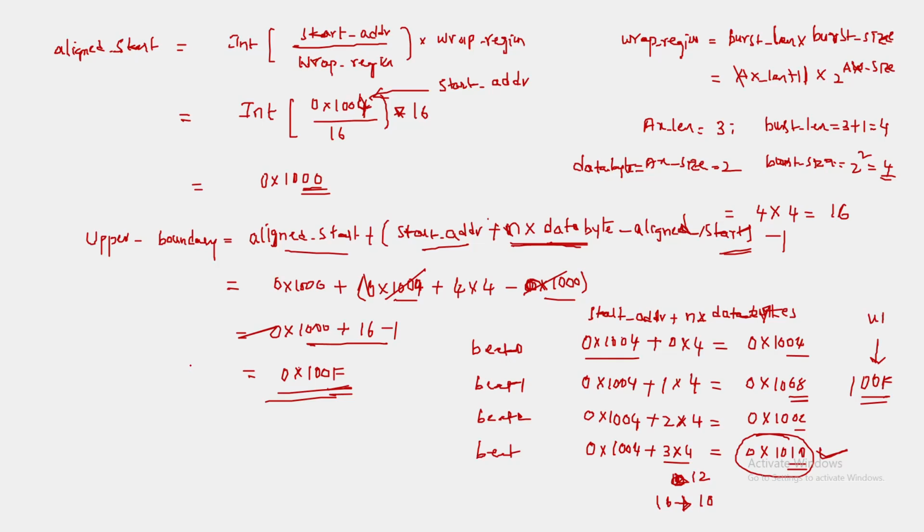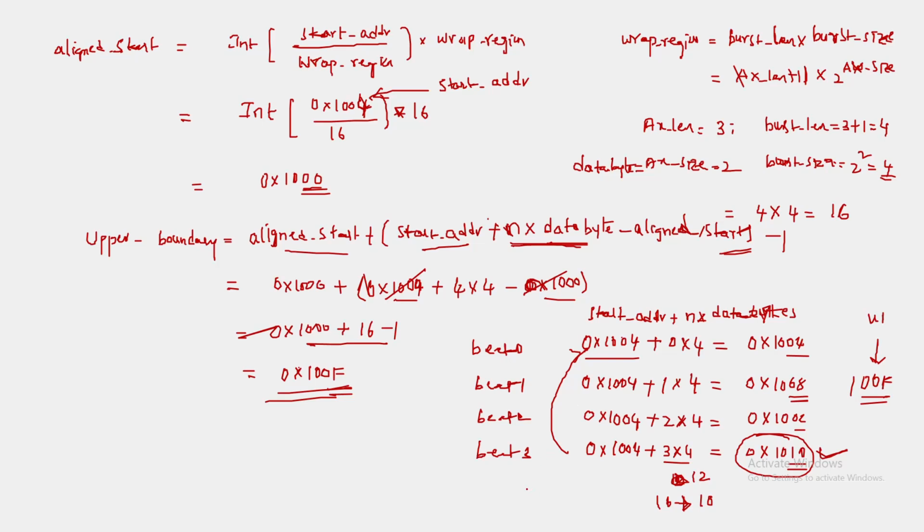Then the upper boundary is reached. Then beat 3 is again wrapping around to the start address. So again it is wrapping around to 1004.